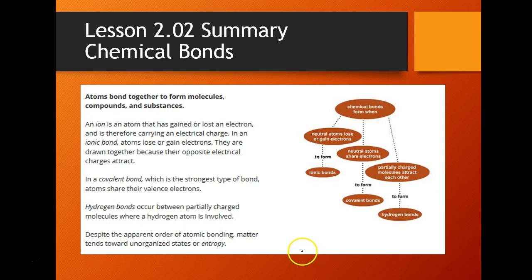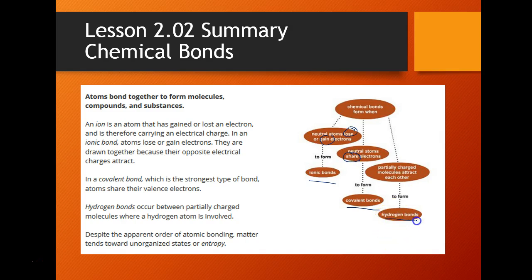Here's a summary of what we went over today. We went over different types of bonds. We went over ionic bonds and how they form when neutral atoms lose or gain electrons. We have covalent bonds, which is when neutral atoms share electrons.